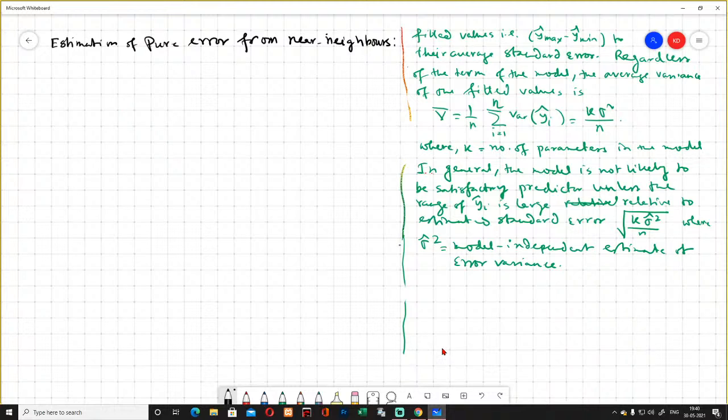Estimation of pure error from near neighbors. Test of lack of fit.